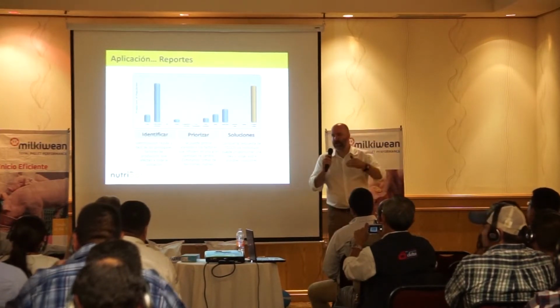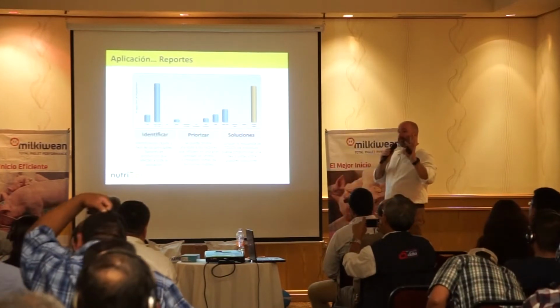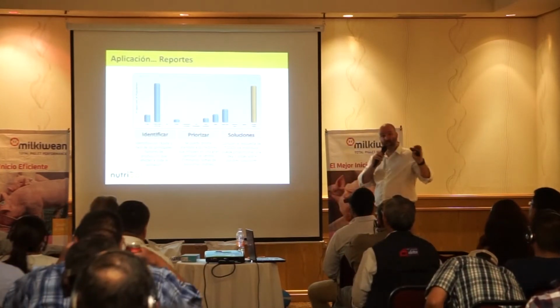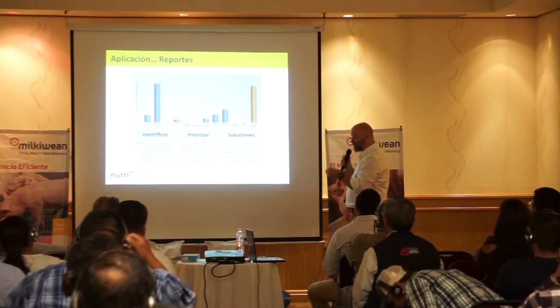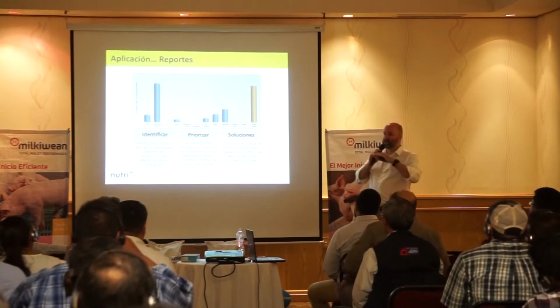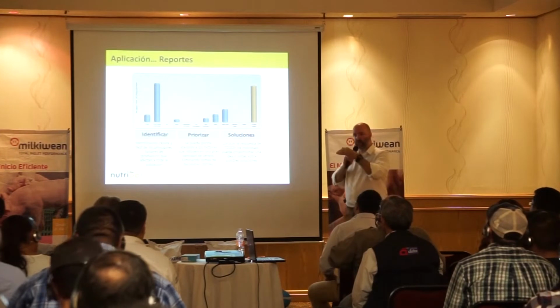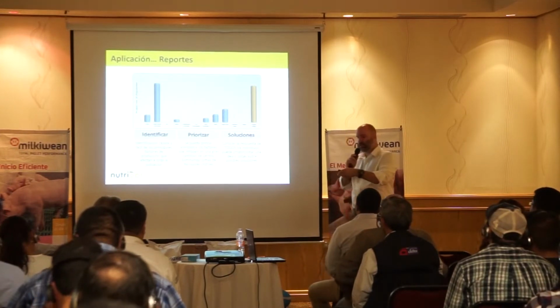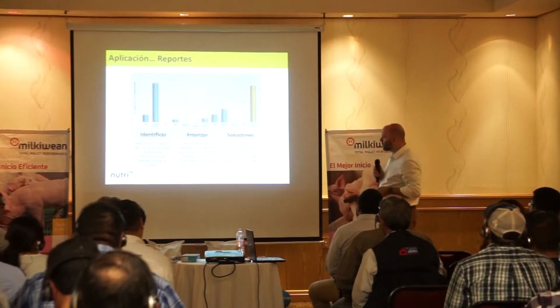Now, how do we prioritize between those two? A great example would be a producer saying, you know what, I love my diets. I don't want to change my feed. How can you solve this? Well, we can look over here and say, let's reduce your pig space. Let's give them more space, make them a little more comfortable, and we'll start improving your production numbers. And so that's the solution that we would apply in this scenario.